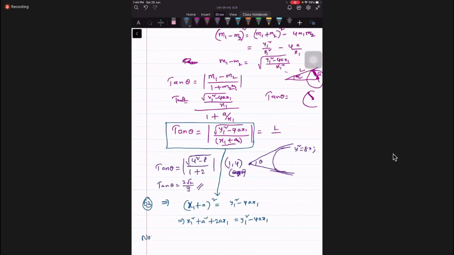And also in your notes, reversely I am asking now, students. I have drawn two tangents to a parabola.